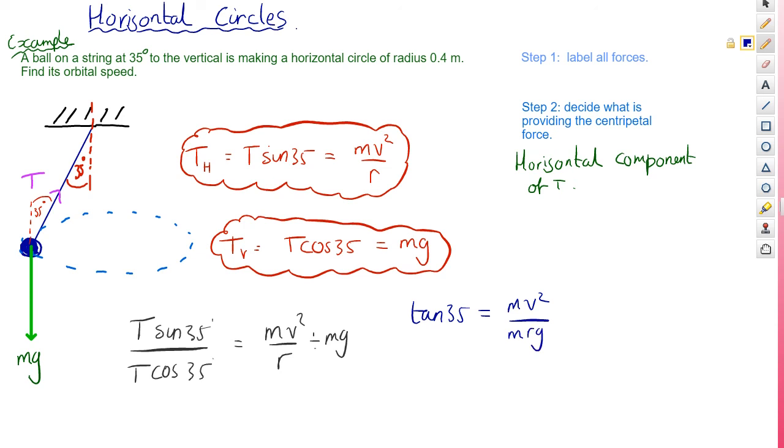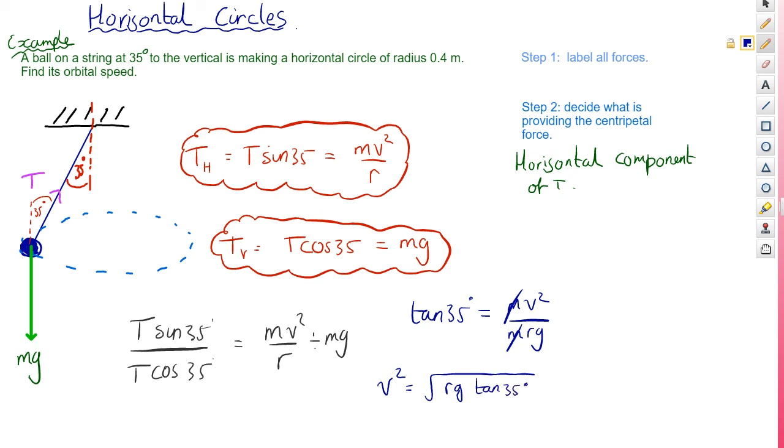If you want to pause to make sure that you agree, go ahead. The m's cancel out, and we end up with a rather interesting and simple equation. If we rearrange, we get that the orbital speed v is the square root of rg tan 35.